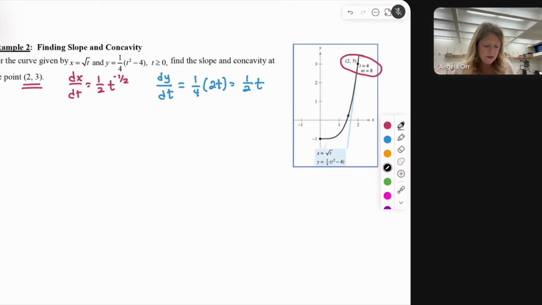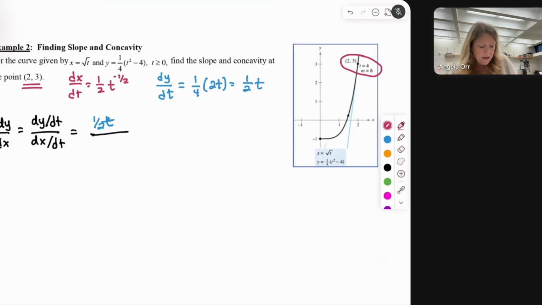All right, now we're going to find dy/dx, our first derivative. dy/dx is dy/dt divided by dx/dt. So I take my 1/2 t, which is my dy/dt, and divide that by my dx/dt, which, if I simplify it, becomes 1/2 root t.